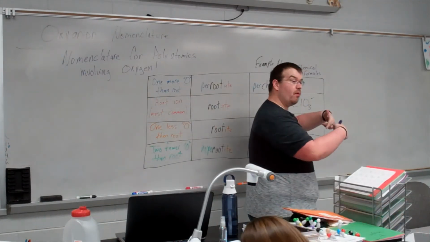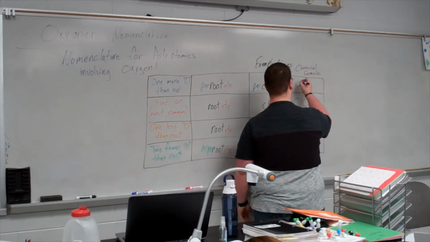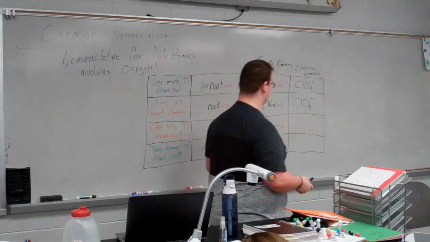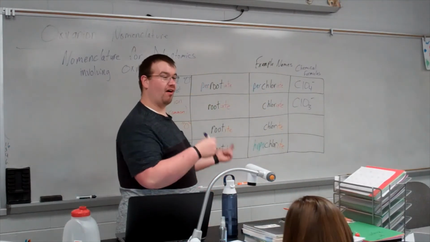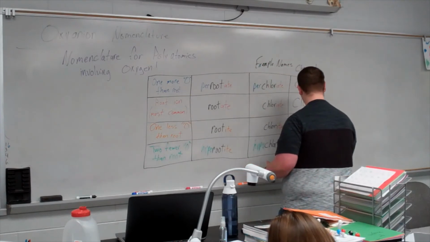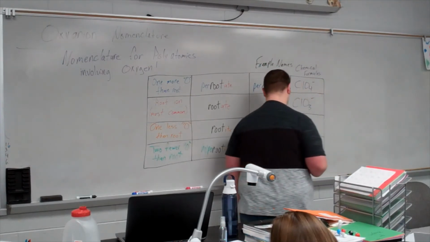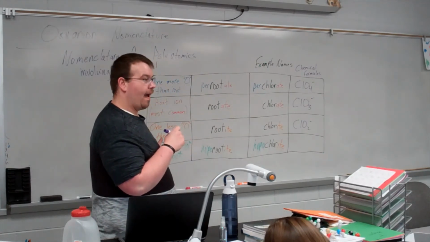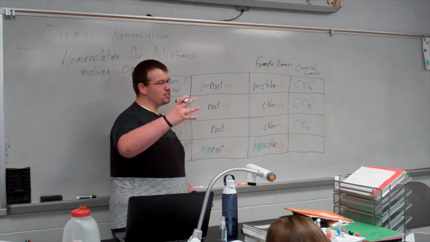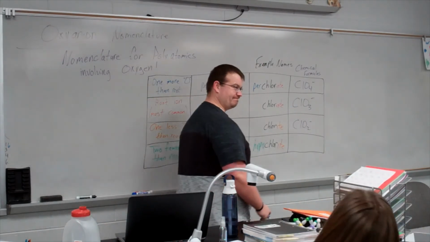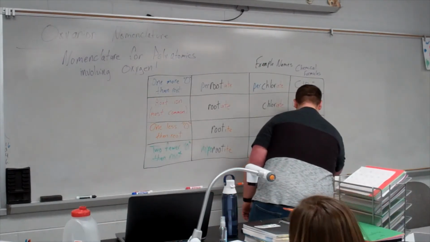Perchlorate, one more oxygen than the root: ClO4 negative. Chlorite, one fewer: ClO2 negative. Can I get the last one? Hypochlorite: ClO negative. That's right.